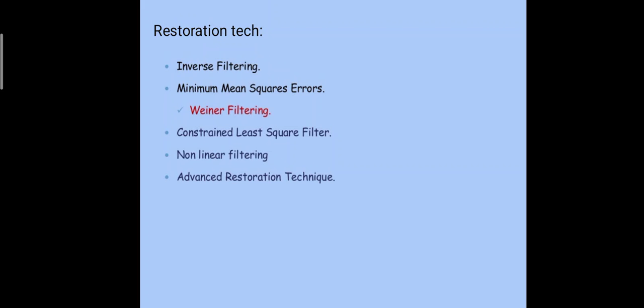There are several techniques to restore a degraded image. I have mentioned a few here: inverse filtering, minimum mean square error (Wiener) filtering. We have applied the Wiener filter to remove salt and pepper noise. Also constrained least squares filtering, non-linear filtering, and advanced restoration techniques.